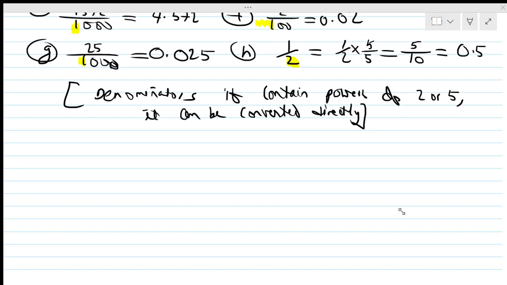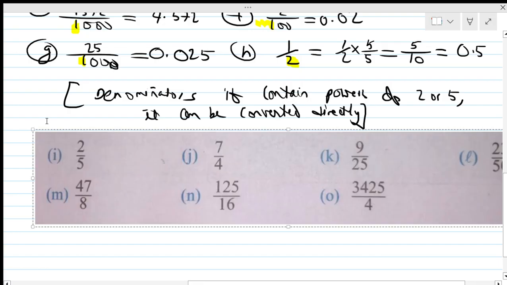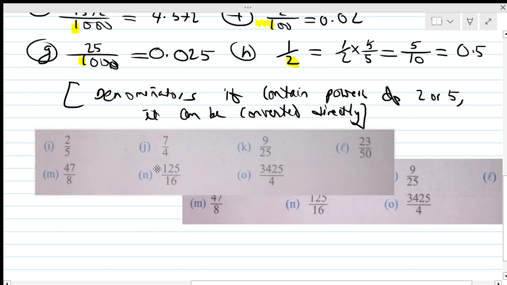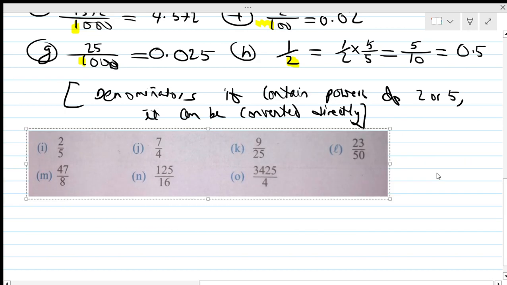Okay, next number now from I. So in number I, we have 2 divided by 5.